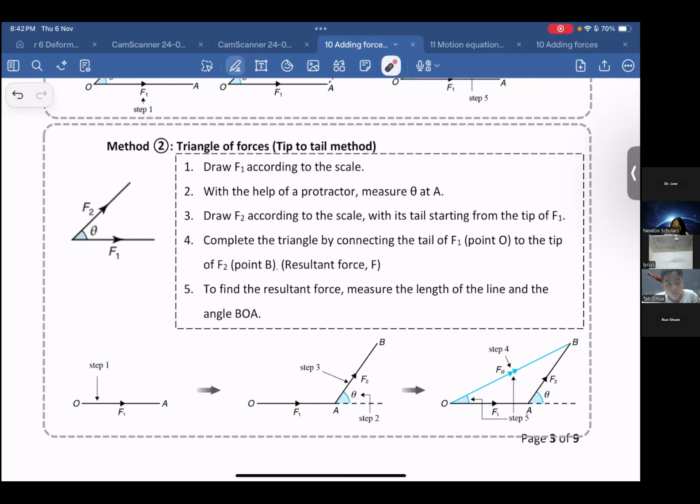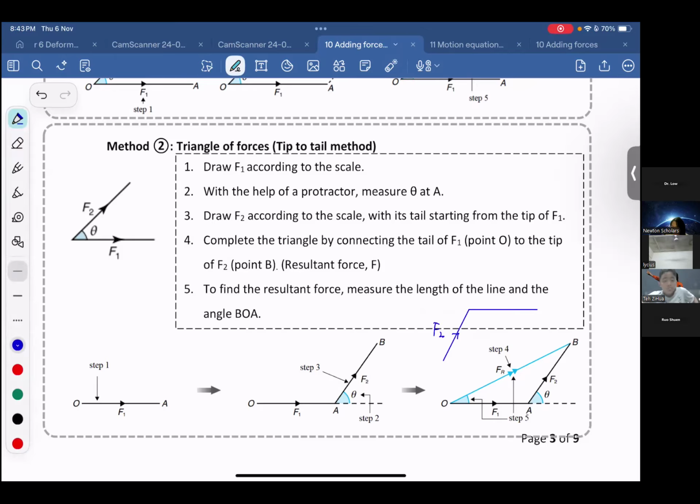Okay, you might say, teacher, I don't want to move F1. I don't want to maintain F1. I stay the F2. Can or not? Yes. Okay, for example, we draw the F2. I move F1, followed by F2. After F2, I continue my F1. What is my resultant force?